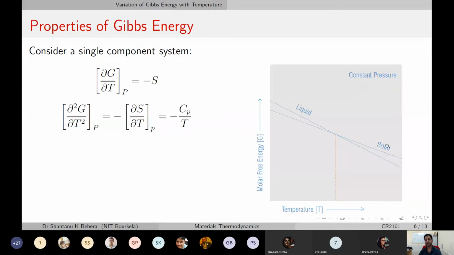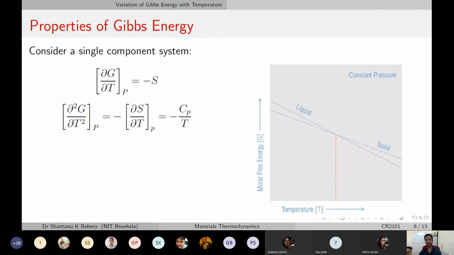Now let's get some of our basic things correct, to test whether our diagram is correct or not. If you go back to the formula of delta G and how it's related to entropy, temperature, pressure and volume, you'll find that dG is VdP minus SdT.